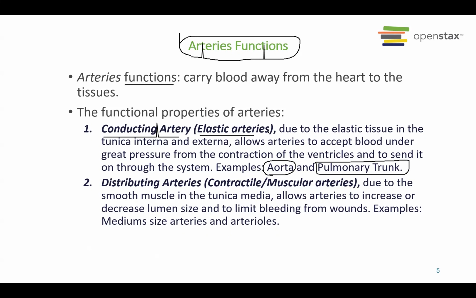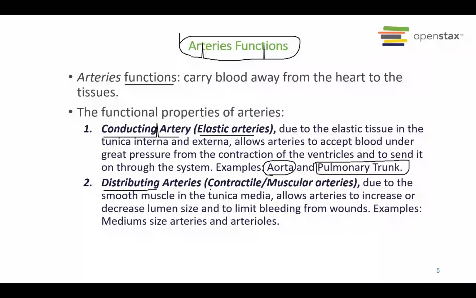So both of these bigger arteries, the aorta and pulmonary trunk, are also known as conducting or elastic arteries. They don't really distribute the blood. They just receive the blood from the heart and conduct it into smaller arteries. The smaller arteries then become what we call the distributing arteries, because these are the ones that distribute the blood.